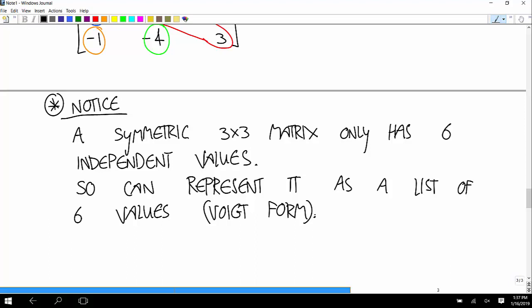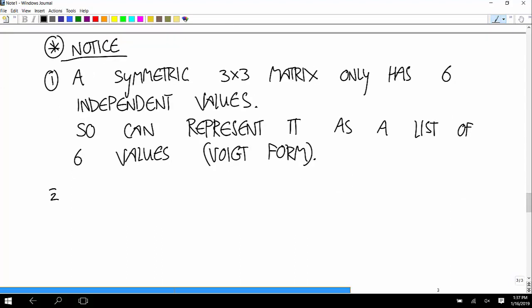There's really 2 things I want you to remember. So let's make this number 1. Notice 2 things here. This is the first one. A symmetric 3 by 3 matrix you can just represent as a list of 6 values, and that's called Voigt form.